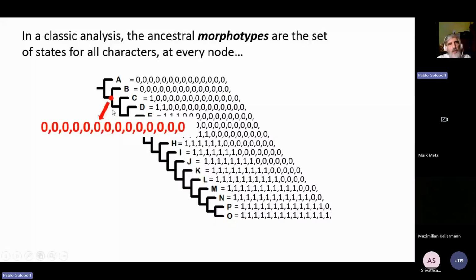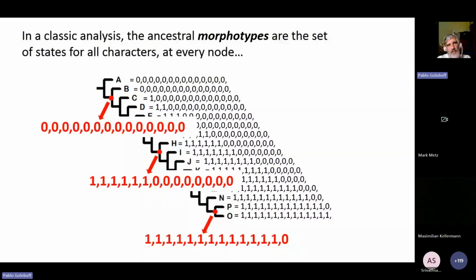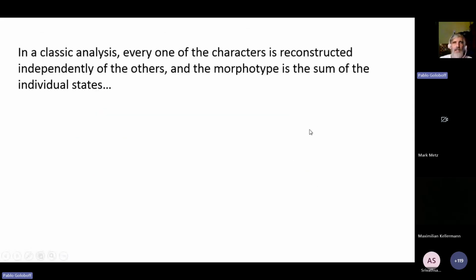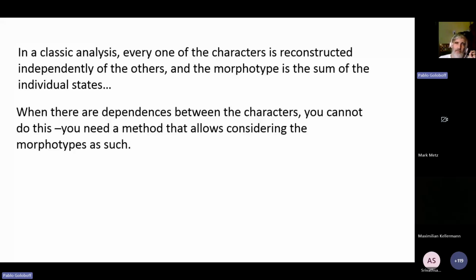And then you are going to reconstruct the characters one at a time for each of the ancestral nodes, right? That again is going to be a string of zeros and ones. In a classic analysis, every one of the characters is reconstructed independently of the others. And this morphotype is the sum of the individual states. But when there are dependencies between the characters, you cannot do that. You need to consider all of the characters simultaneously.